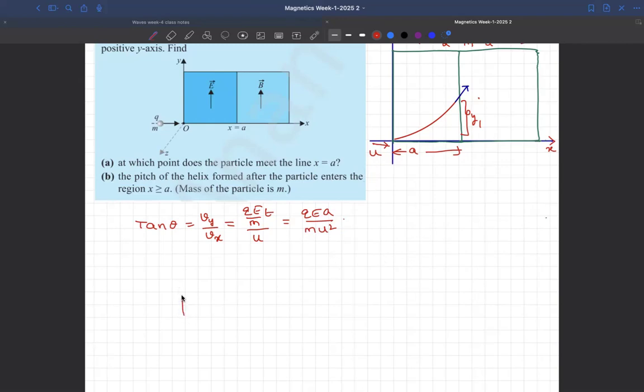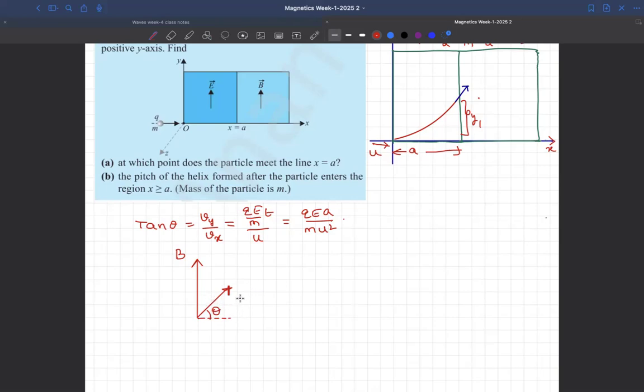Why I require theta? Because in this, if this is the direction of B, and if this is the direction of the resultant velocity at that instant, remember, we know this is theta.